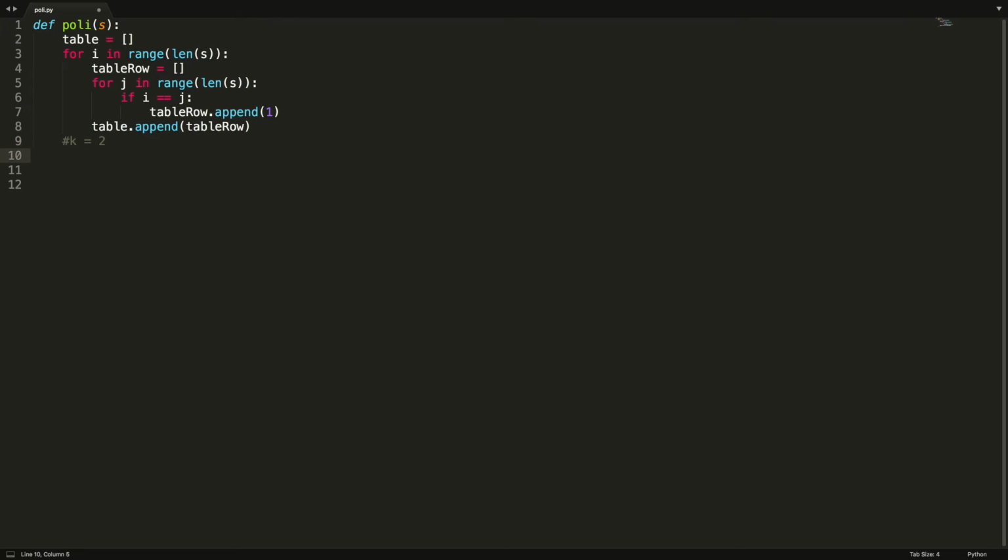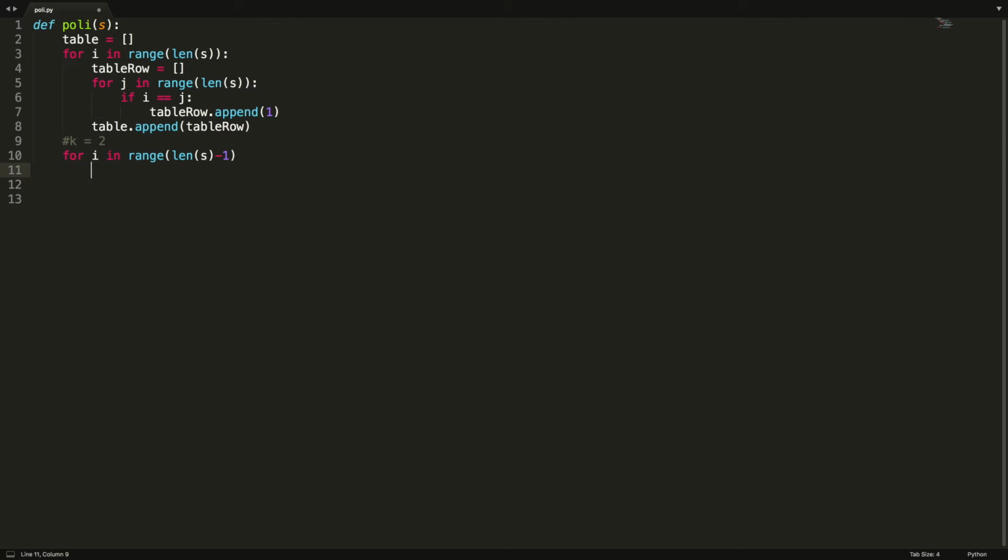Yes, when k equals 2, we still need i in range, but this time we just need it to be length of s minus 1, because we need to find the character after i. So i plus 1 would be the last character.